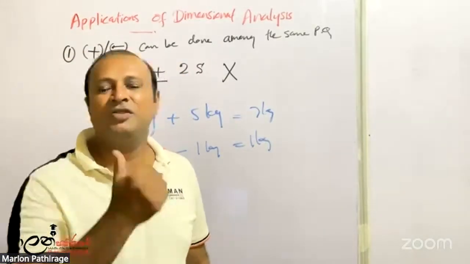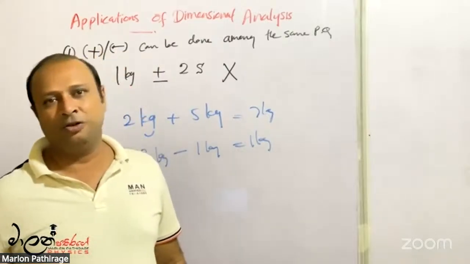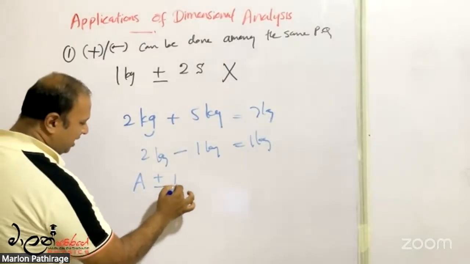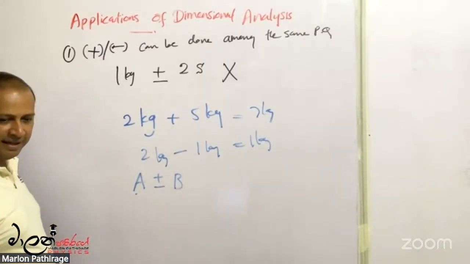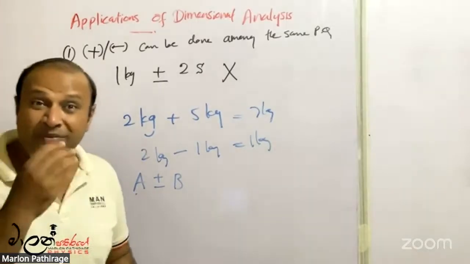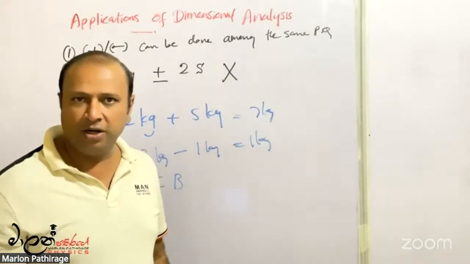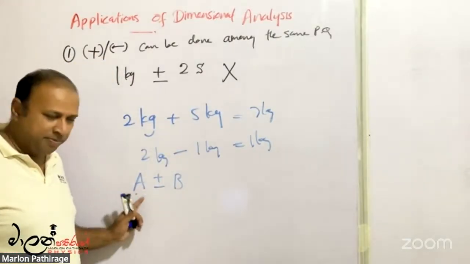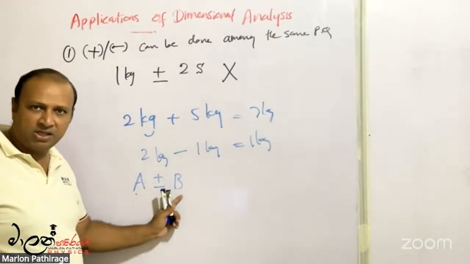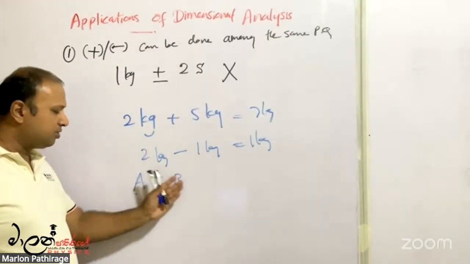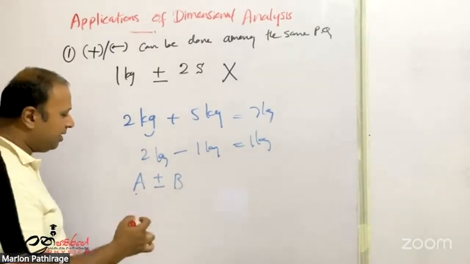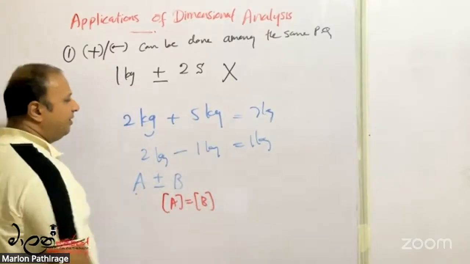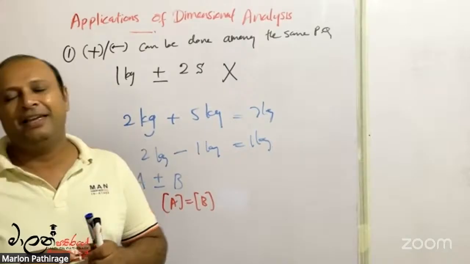If there's addition or subtraction between two physical quantities, they should be the same physical quantities. Therefore, their dimension should be equal.